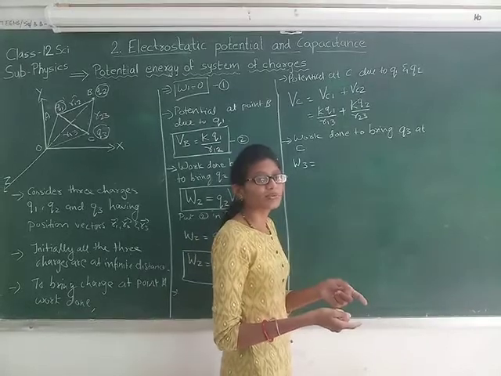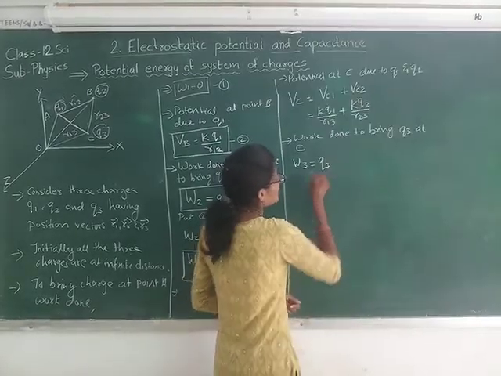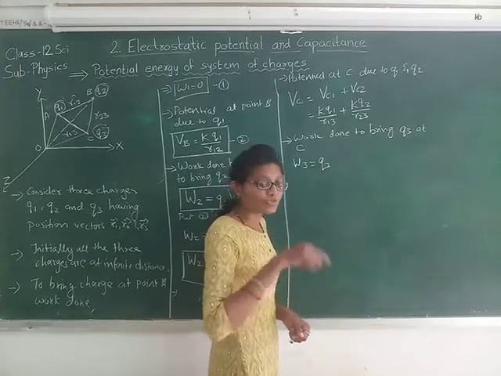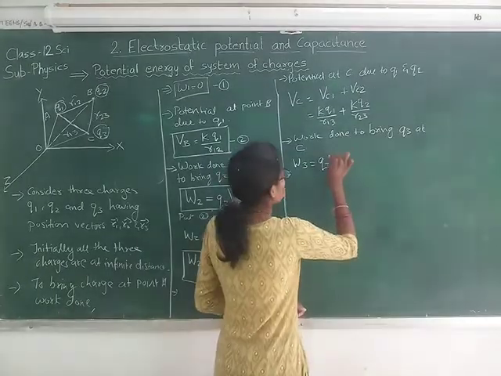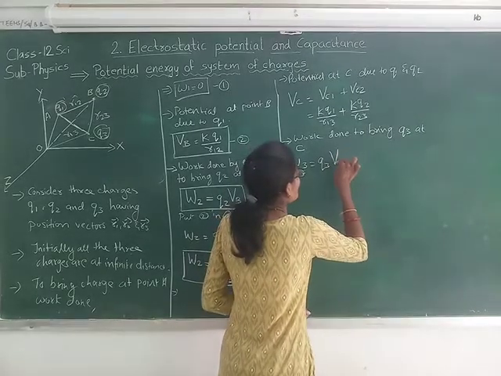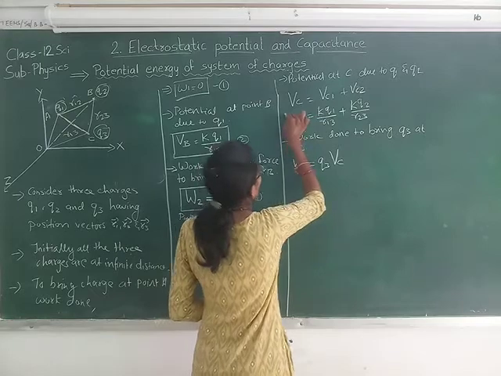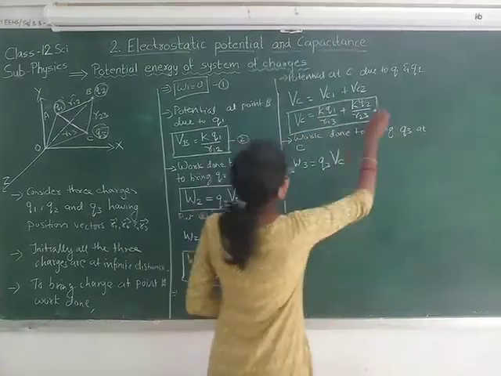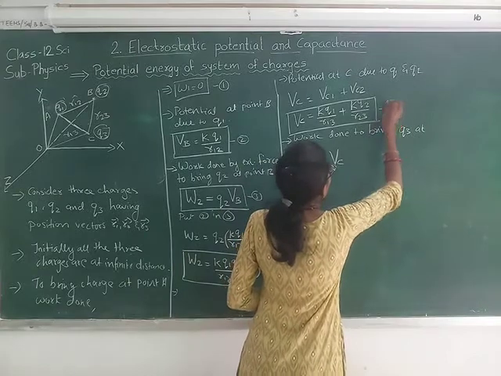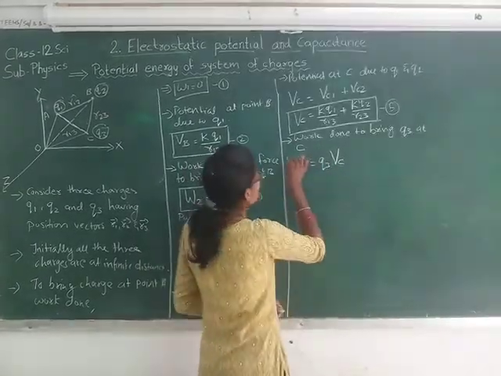Which charge we need to bring at point C? It is Q3, so that is Q3. At which point we need to bring the charge? At point C. So it is the potential at point C. So W3 equals Q3 Vc.